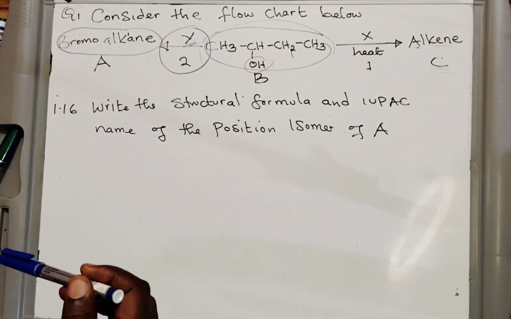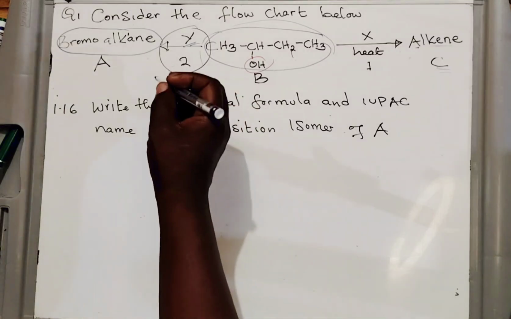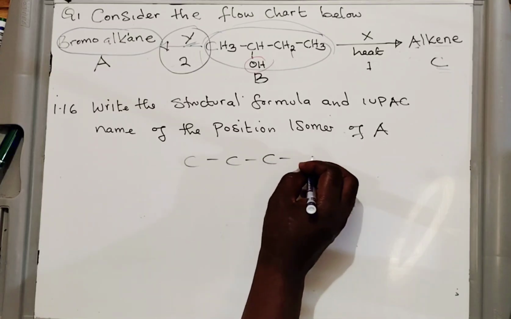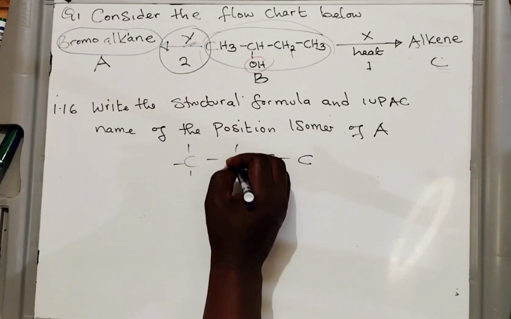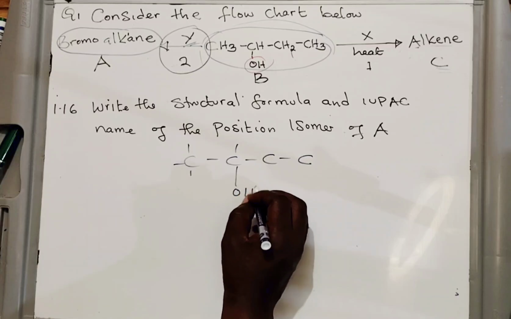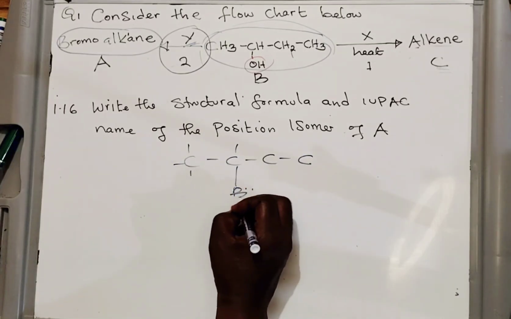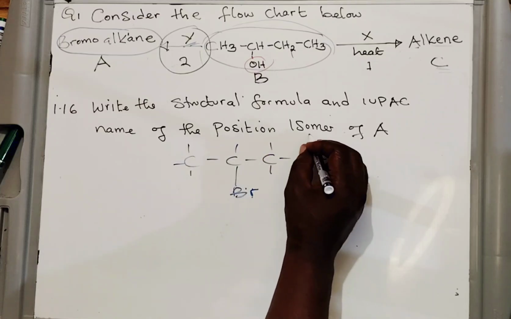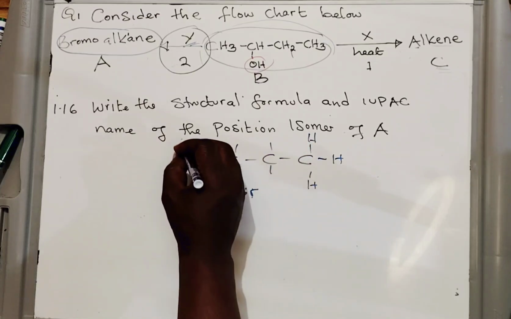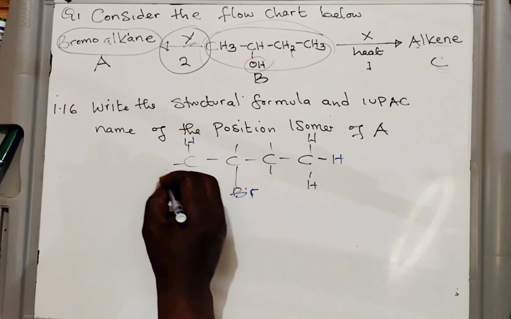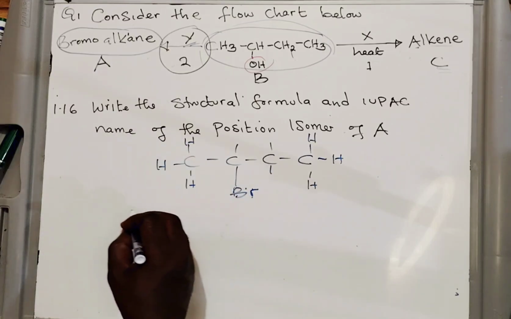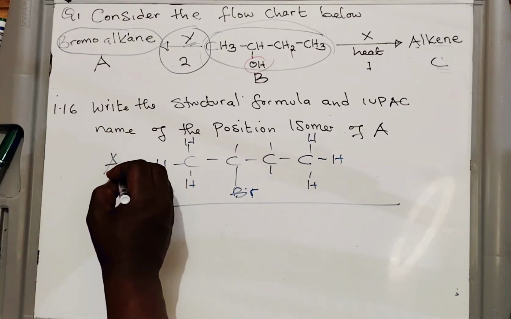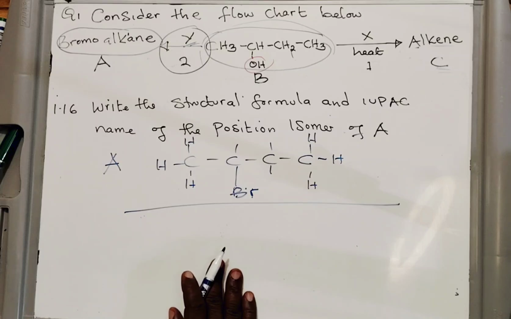This is our A. And we saw our A as we had the structure. We had Br here. So this is our A, but they want the position isomer.